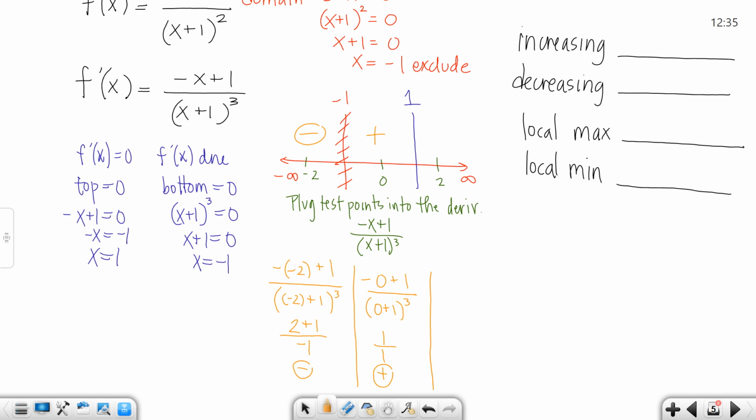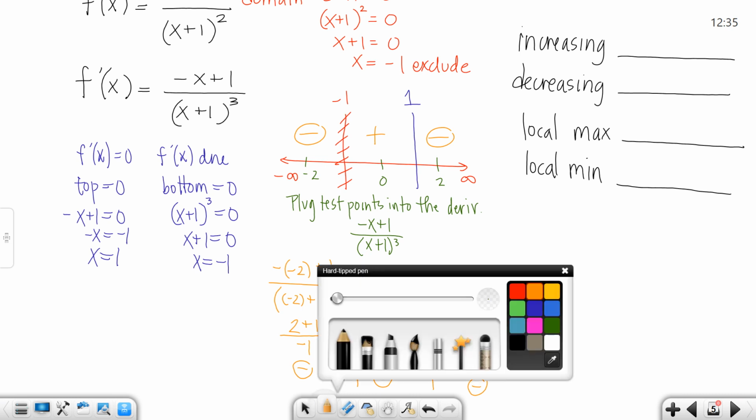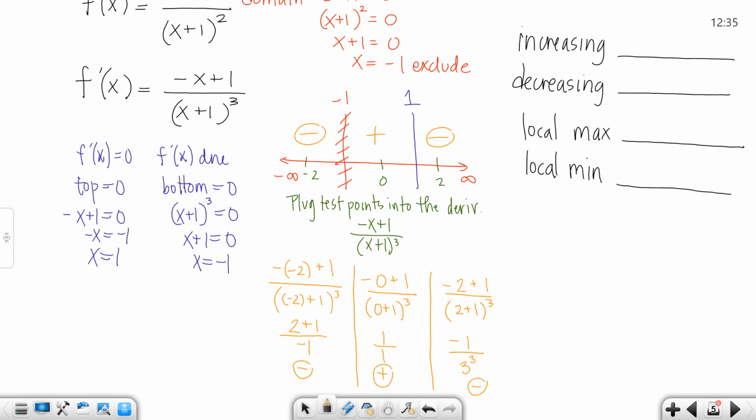When you plug in 2, -2 plus 1 over (2 plus 1) cubed. So on the top you get -1, and on the bottom you get 3 cubed, which is 27. So you get -1 over 27, which is a negative result. Now, let's see what we have.